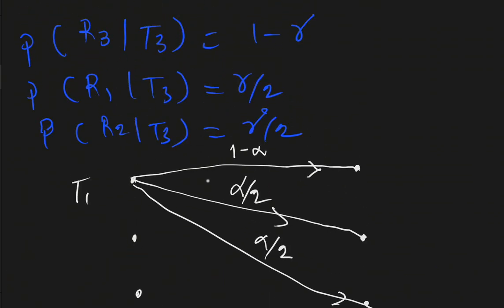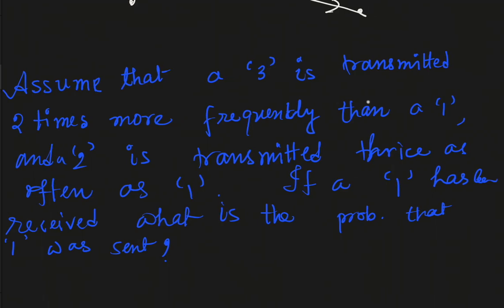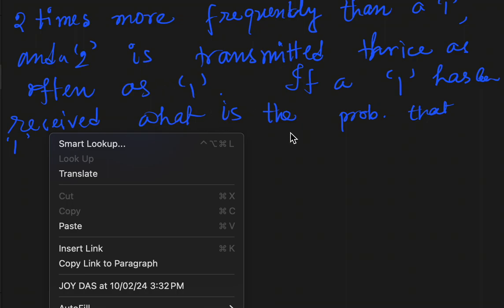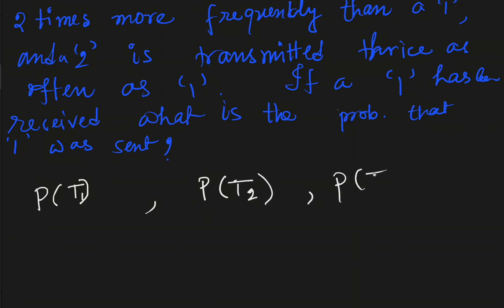So at first, from the statement that T3 is transmitted 2 times more frequently than T1, and T2 is transmitted thrice as often as T1, let's say the probabilities of T1, T2 and T3 being transmitted are PT1, PT2 and PT3.